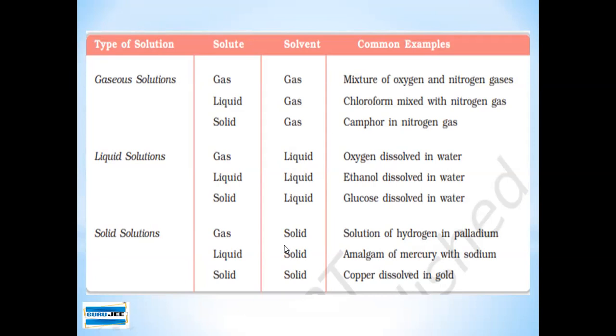When we smell chloroform, we get knocked out; that's the specialty of chloroform. So this chloroform mixed with nitrogen gas is an example of a liquid solute in a gaseous solvent.